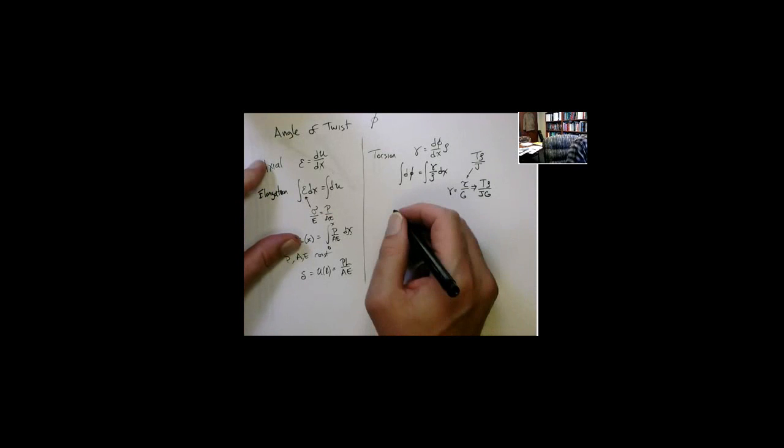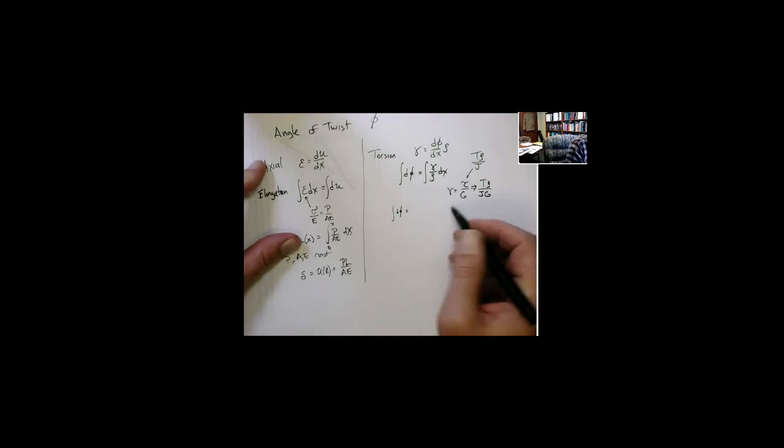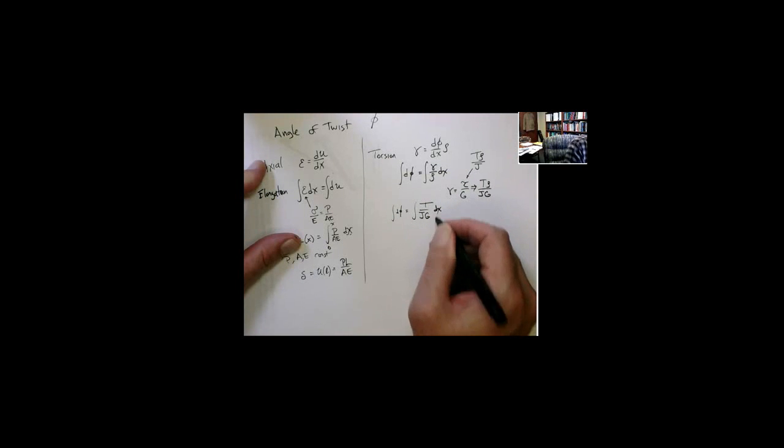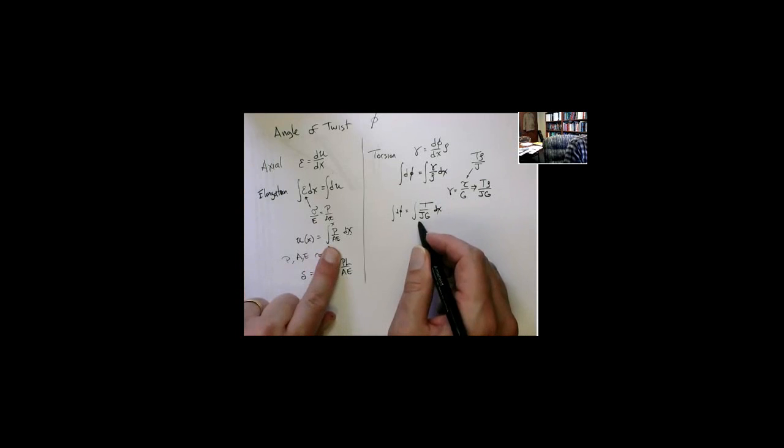So take that, put that in here. Now I have the integral of d(phi) equal to putting in this for the shear strain. You can see that the rho's, the radial distances, cancel out, and this gives me T over J G dx. Right?